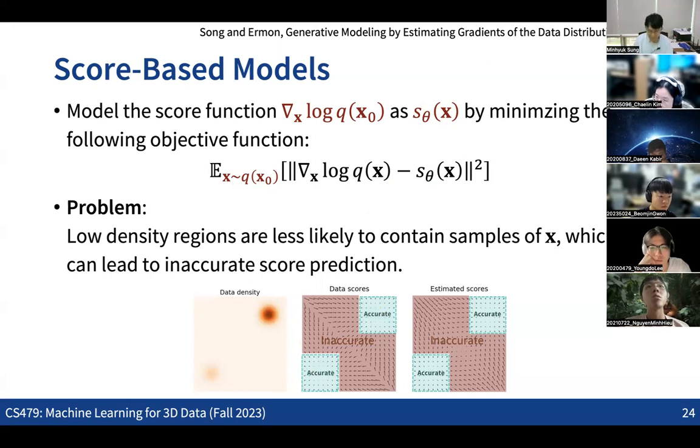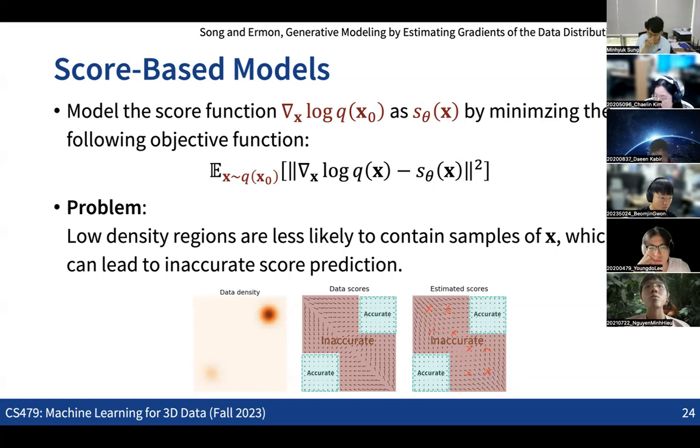But our score prediction network might be inaccurate for those regions because we don't have many samples in the red region. All the samples that we have come from the data distribution and are concentrated in these regions. So at the very beginning, when you start from those other regions, the score information that we are getting might be inaccurate.